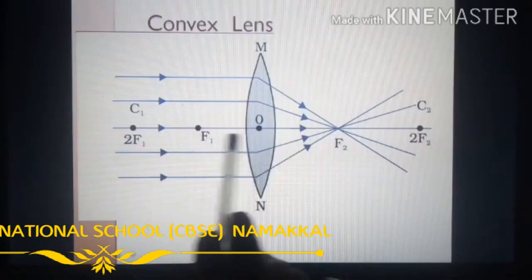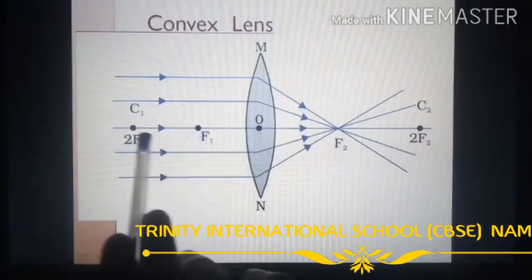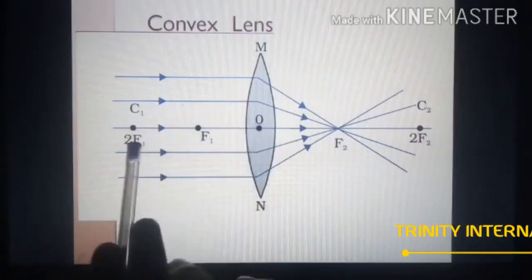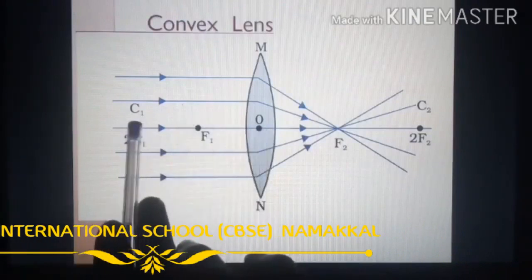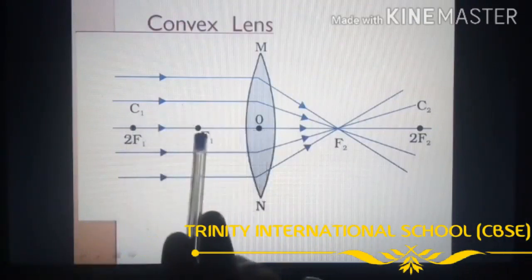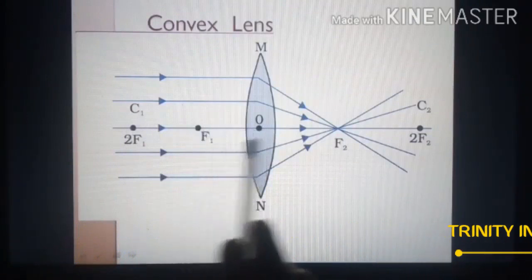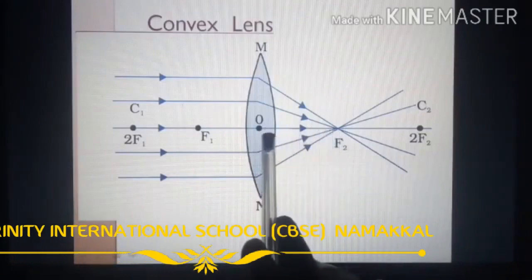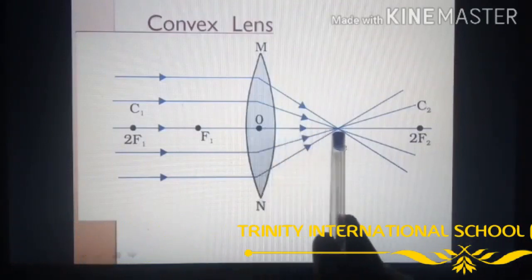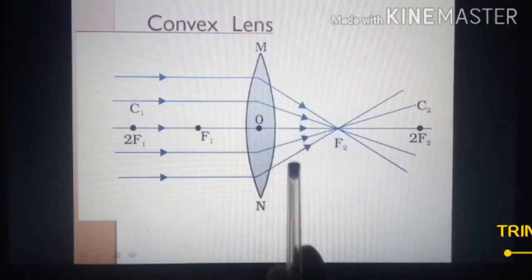Here this distance is OF1, and this distance is 2F1. So the distance OC is twice the distance OF. Simply, OF is called the focal length of the lens. The distance between optical center and focus is called focal length F.